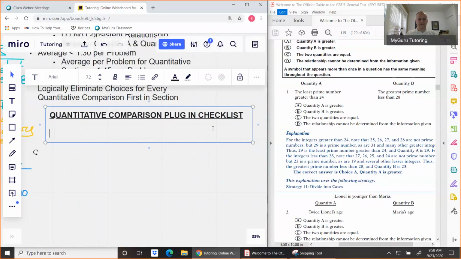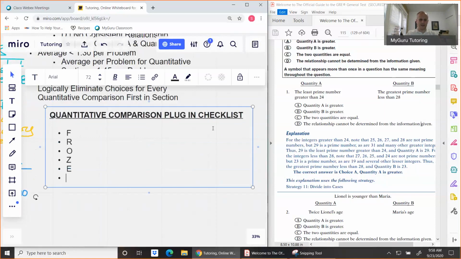So it's just going to be FROZEN. And so first is F, the kind of number that is a non-integer that does strange things to math. That's a fraction. Because obviously they can have a bunch of different outcomes. Now, in this particular problem involving ages of Lionel and Maria, I'm not really worried about fractions, because it's unlikely in real life that they're going to be talking about fractional ages.